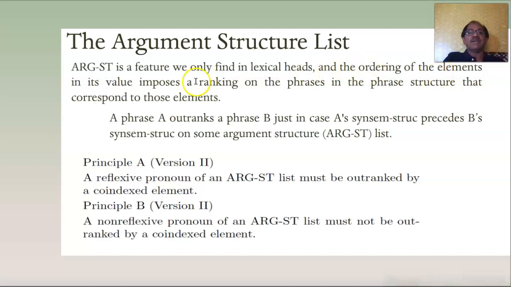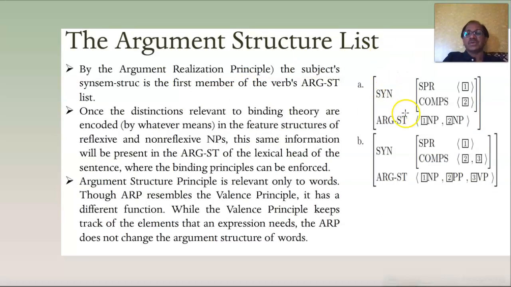And the ordering of the elements in its value imposes a ranking on the phrases in the phrase structure that correspond to those elements. So you have two elements here in the argument structure. So this is preceding this. That means this is 1, this is 2. There is a ranking. Right? 1 and 2 indices, of course, but there is also ranking that this is higher than this.